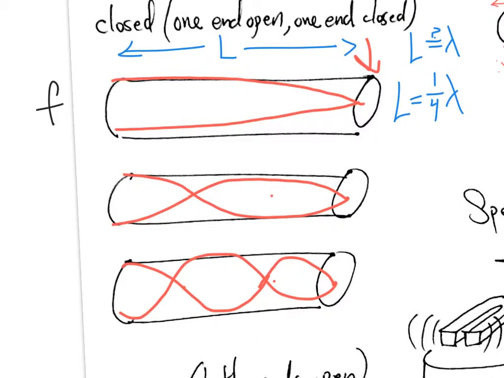For a second situation, the next highest frequency that will actually resonate in this air column, the length of the air column is 3/4 of a wavelength. And for our next highest frequency, the length of the air column will be 5/4 of a wavelength.